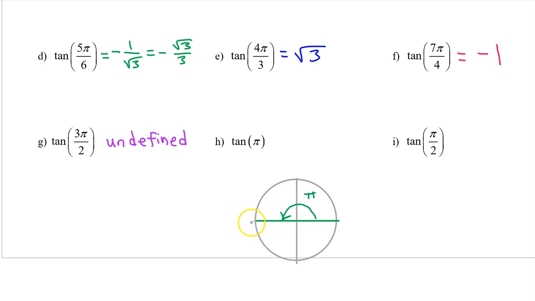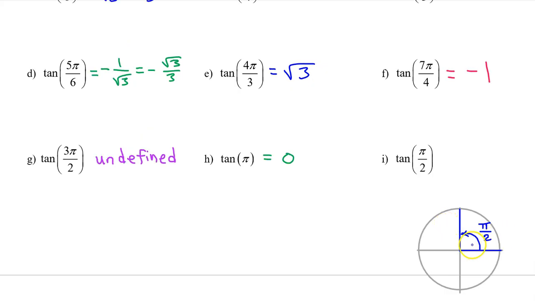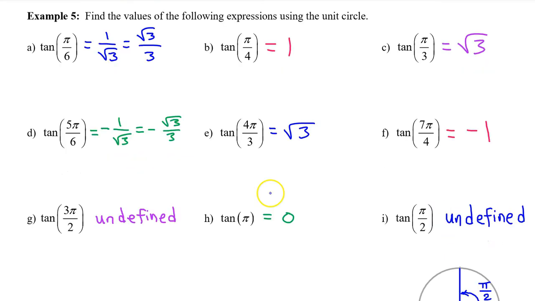Since the terminal side is horizontal, the slope is 0, so the tangent of pi is 0. The terminal side of pi over 2 once again lands right on the y-axis. Since this terminal side is vertical, the slope is undefined. So the tangent of pi over 2 is undefined.